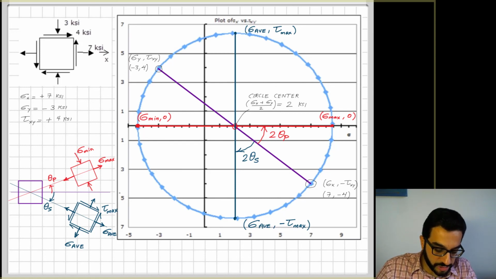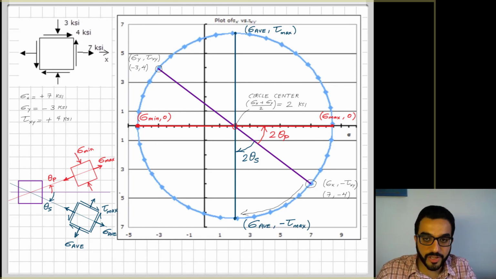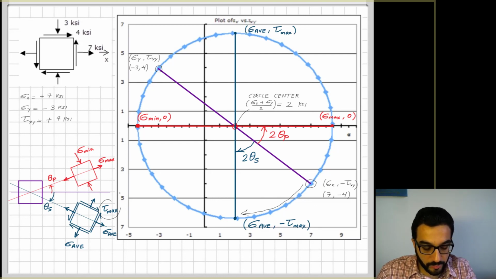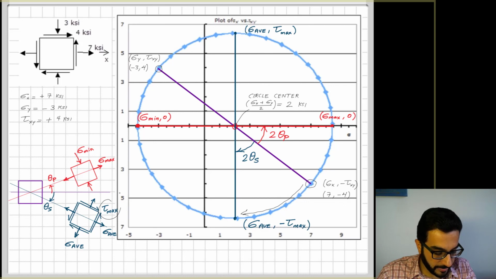So tau here in the chart is negative, right? Tau here is negative on the chart when it's plotted with sigma x. So in the stress block, it's drawn here as positive, right? So that's the key here, that I'm trying to be careful about switching from the circle, Mohr circle, to drawing the stress block that represents the real life behavior of that point and its stresses.